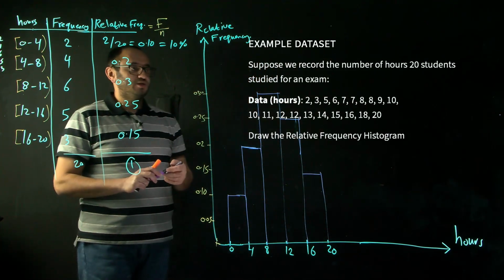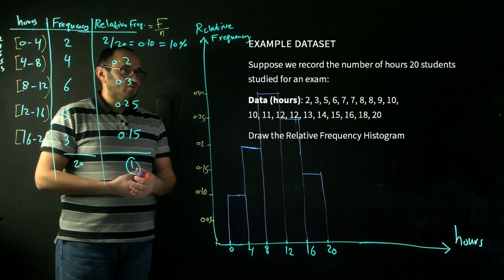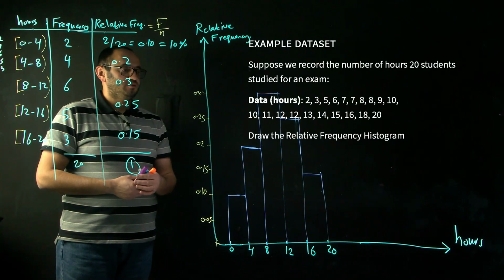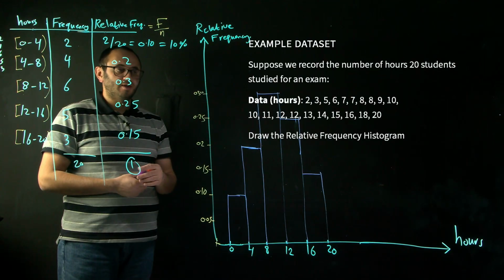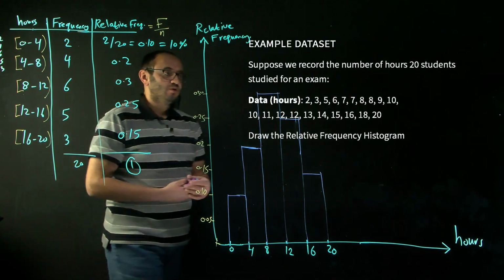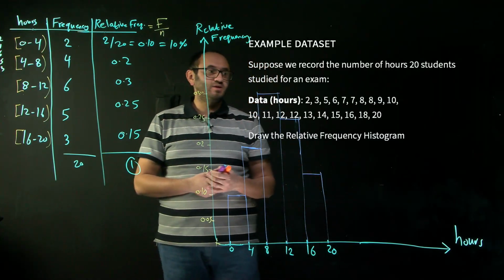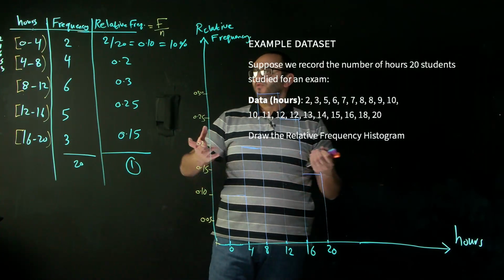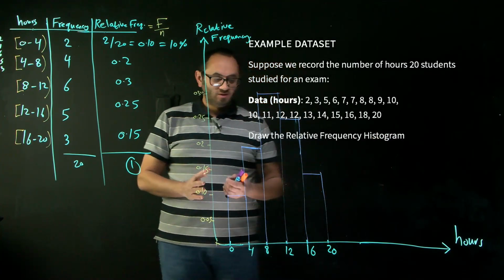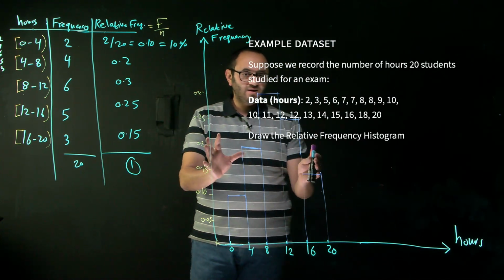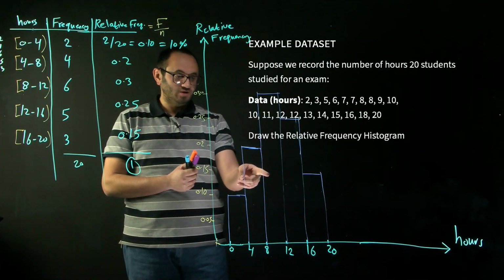All right, so this is our histogram. It looks like a symmetric histogram. It's not 100% symmetric, but it looks symmetric. This is how we create the histogram. Now, if I ask you to create a frequency histogram, the final graph should be very similar to this.